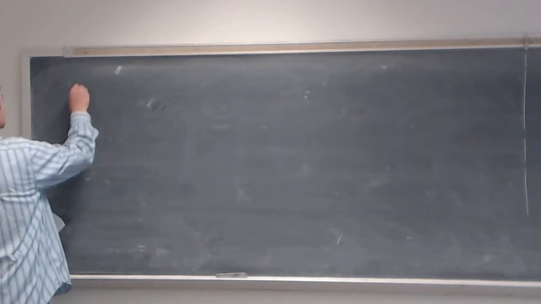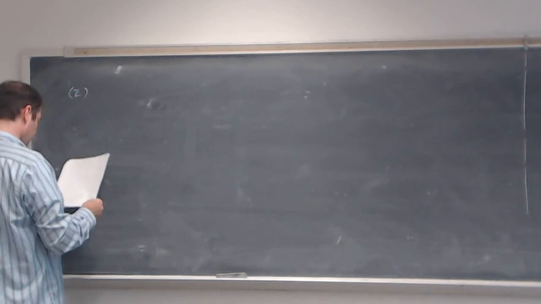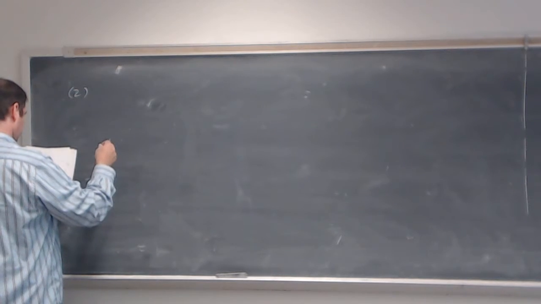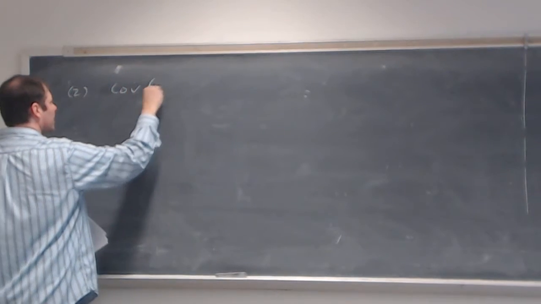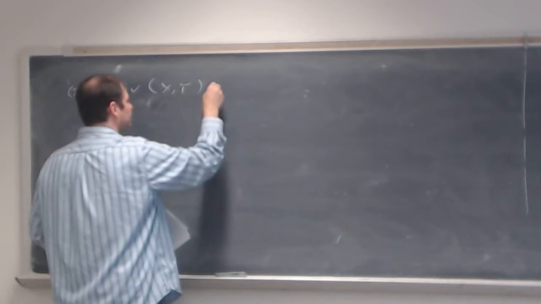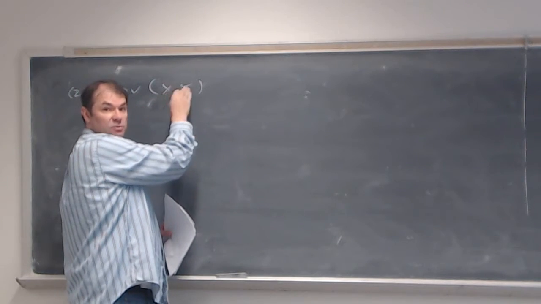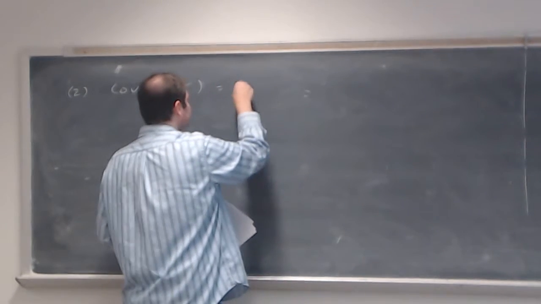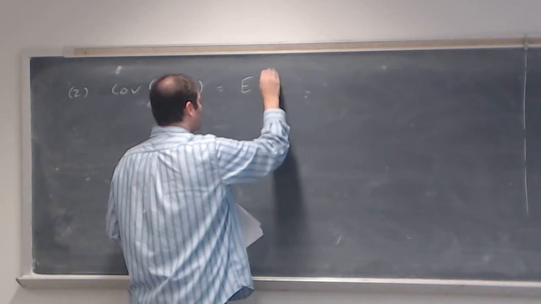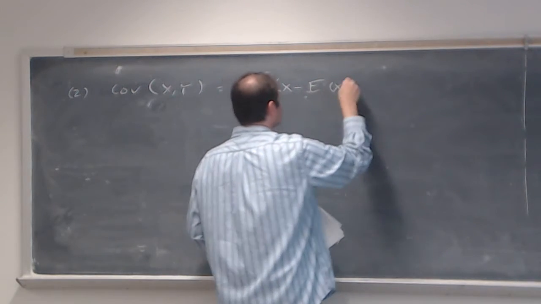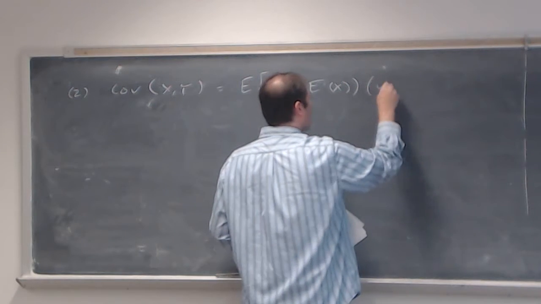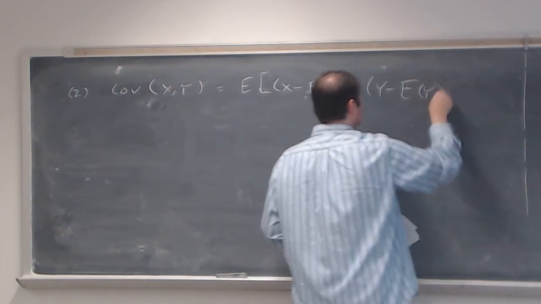Okay, part two. I'm again going to use the definition. So the covariance of x with y, we want to show that that's equal to the covariance of y with x. Well, this definition is the expected value of x minus the expected value of x times y minus the expected value of y.